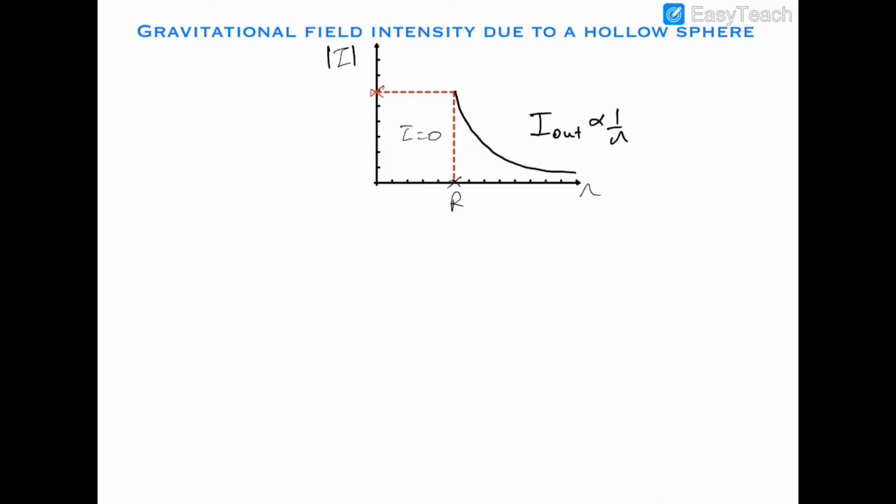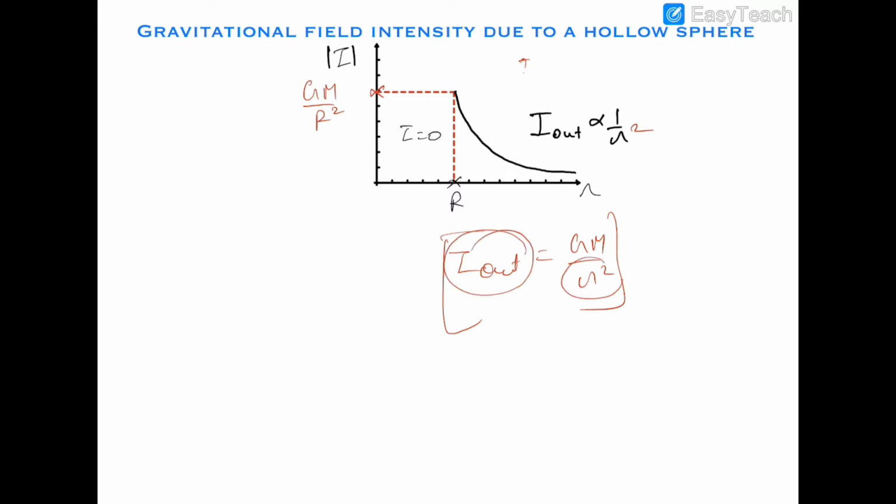So till we reach the surface, I is 0, and just on the surface I becomes Gm by r square. Now outside the sphere, the gravitational field intensity I outside is equal to Gm by r square, where small r is the distance from the center of the sphere. Now this formula points towards the inverse square relationship of I and r.